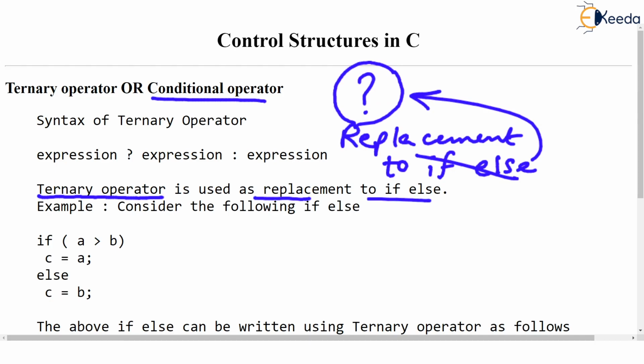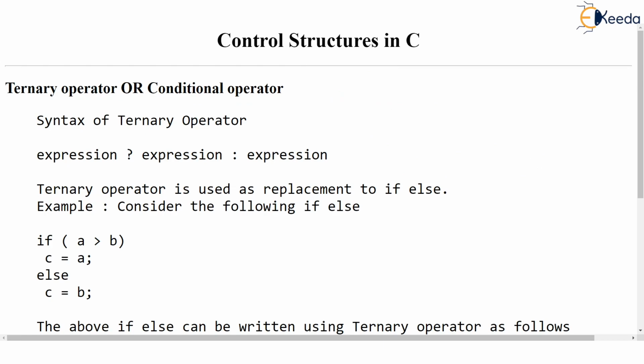Now, as an example, observe the code written below. If A is greater than B, then we want to make C equal to A, else we want to make C equal to B. So in short, C will store the largest between A and B, isn't it? Now we want to write the same thing using the question mark, without using if else.